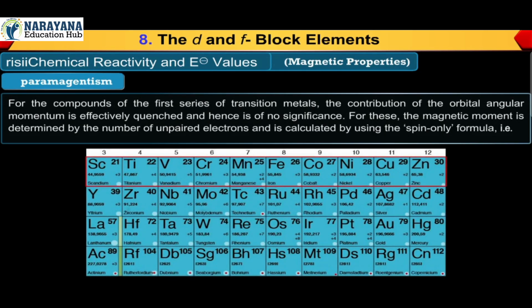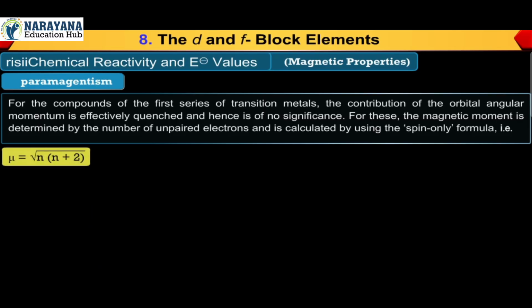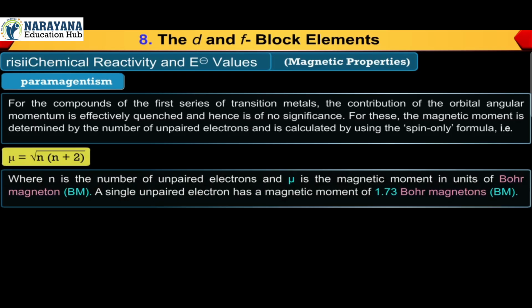For the compounds of the first series of transition metals, the contribution of the orbital angular momentum is effectively quenched and hence is of no significance. For this, the magnetic moment is determined by the number of unpaired electrons and is calculated by using the spin-only formula, that is, mu is equal to the square root of n into n plus 2, where n is the number of unpaired electrons and mu is the magnetic moment in units of Bohr magneton, that is BM.